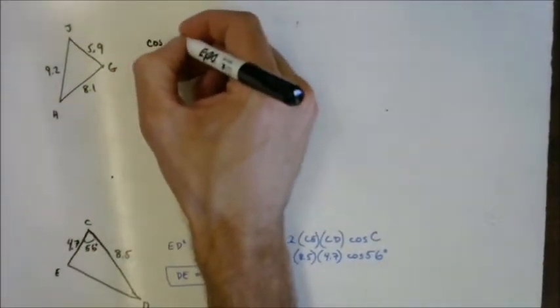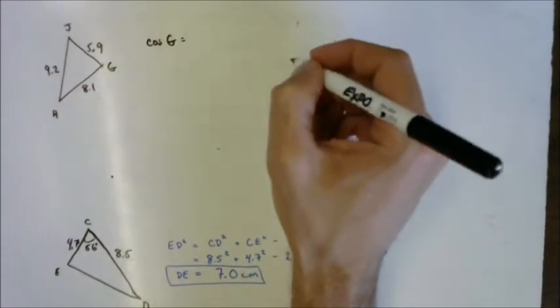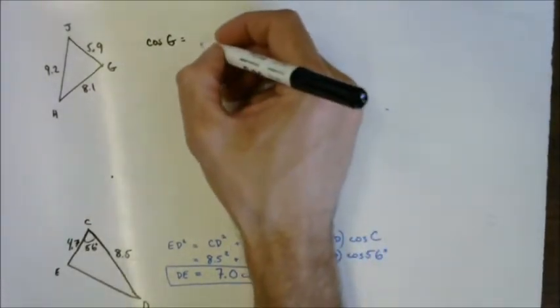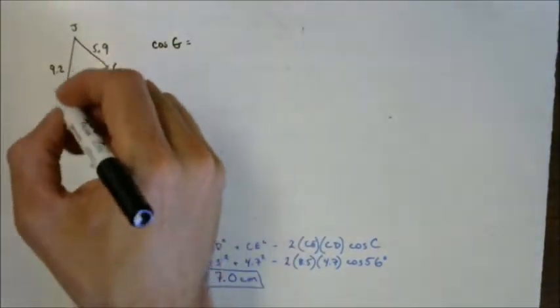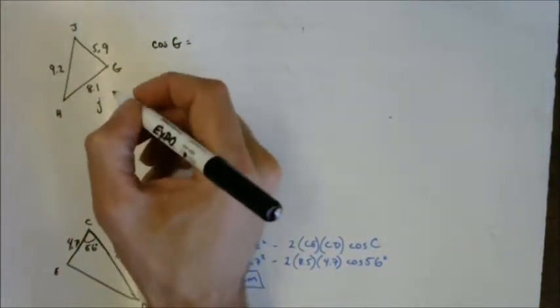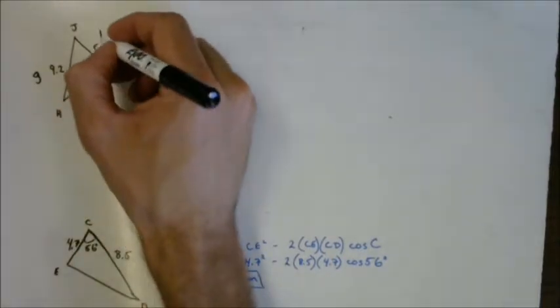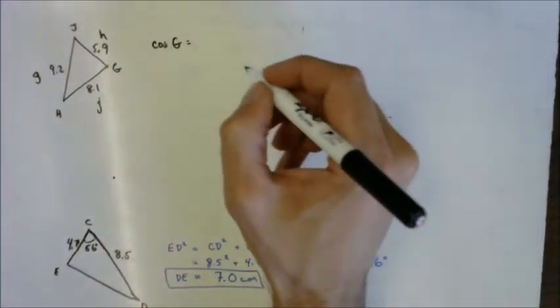So the cosine of G is equal to, and I'll use my lowercase letters here. So this side is J, this side is G, and this side is H. That'll make it a bit easier.